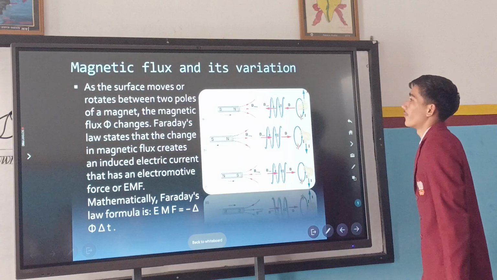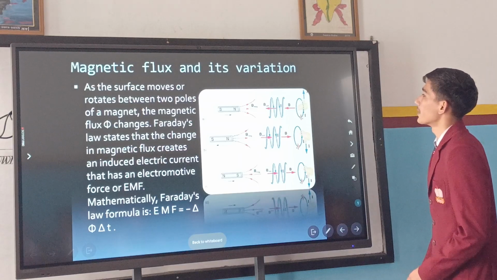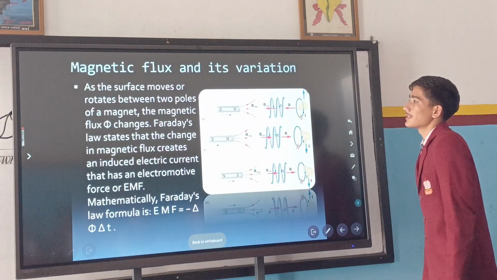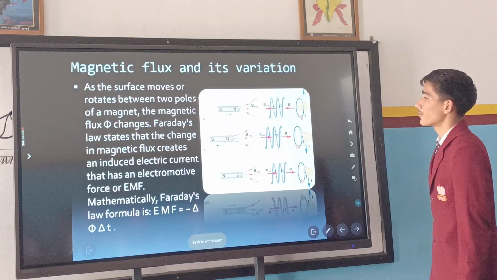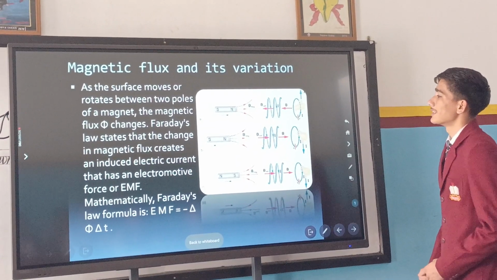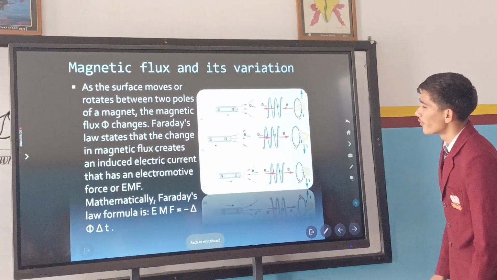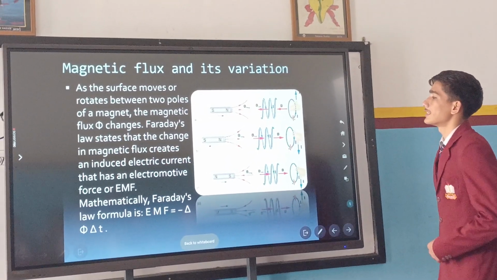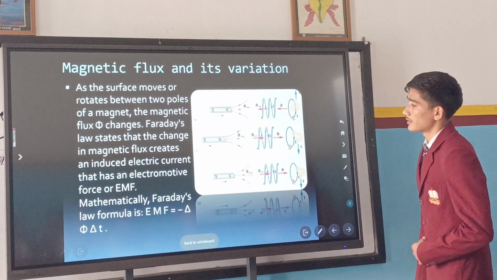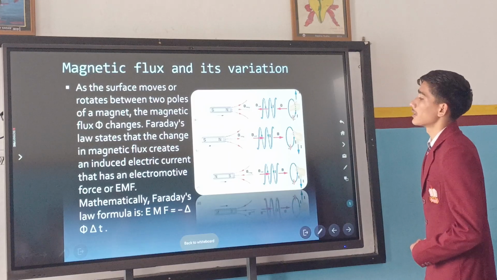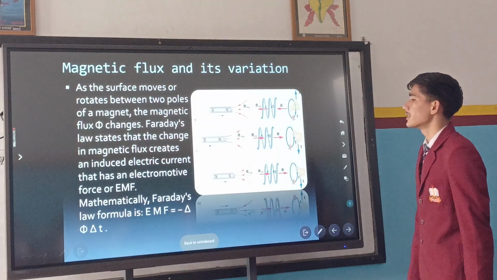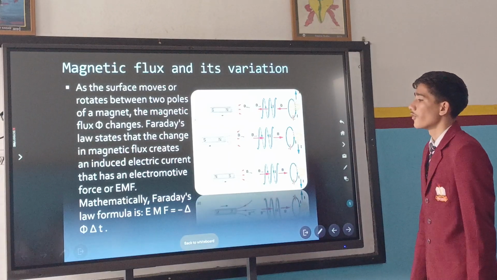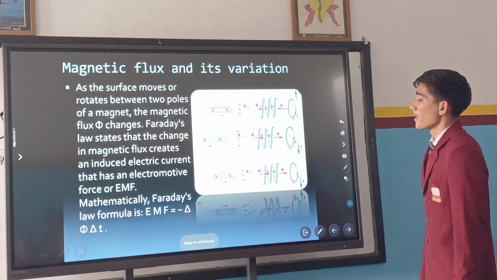Magnetic flux and its variation. As the surface moves or rotates between two poles of a magnet, the magnetic flux changes. Faraday's law states that the change in magnetic flux creates an induced electric current that has an electromotive force, or EMF.